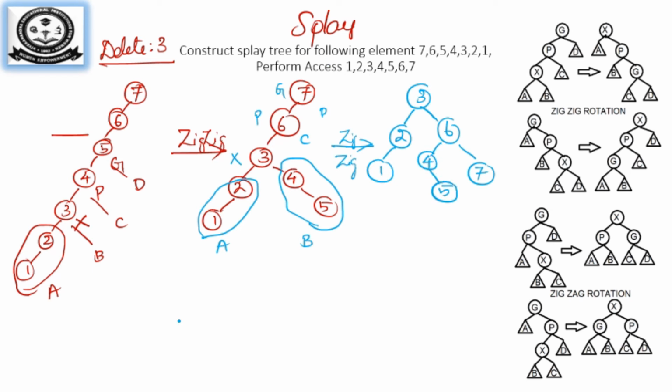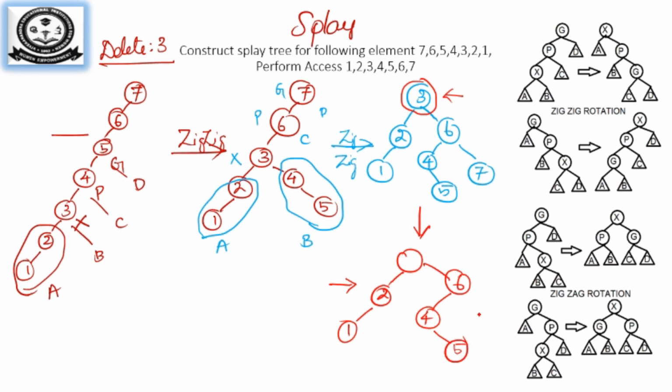Now when 3 is deleted, what will be replacing 3? As I said, the delete will be performed similar to the binary search tree. So I will draw like this first, so you will have understanding. So 2, 1, 6, 4, 5, 7.